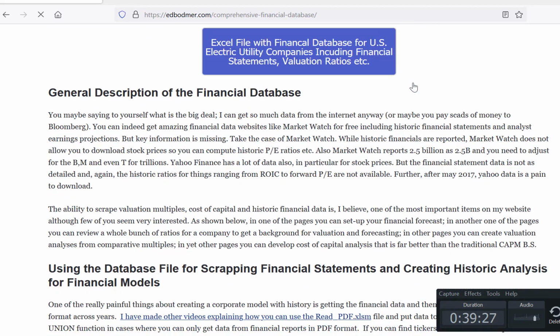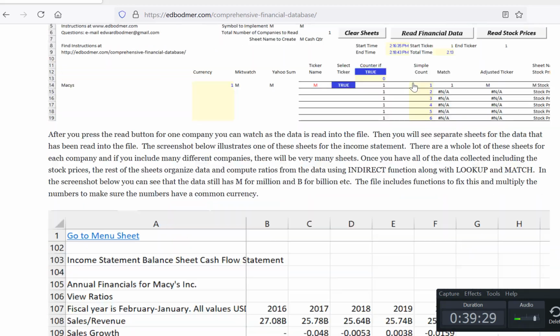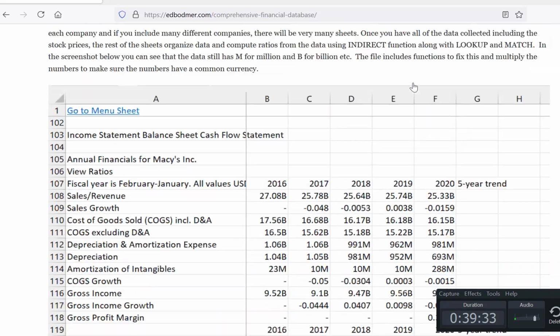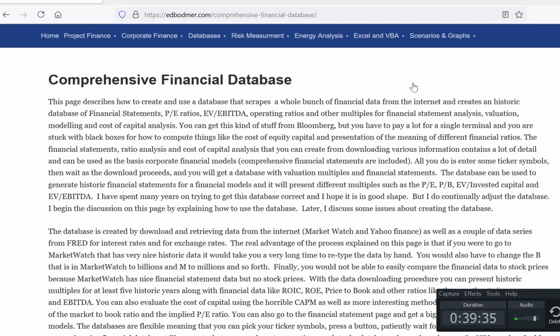You can download just about so many different companies, and then go mess around with it. Make your own graphs. Evaluate the historic financial statements before you ever get started with anything, to try to figure out what's the story behind this and what's the historic picture you would build.